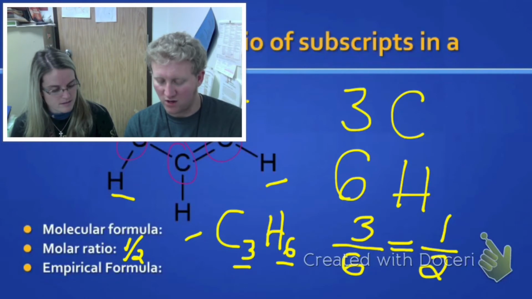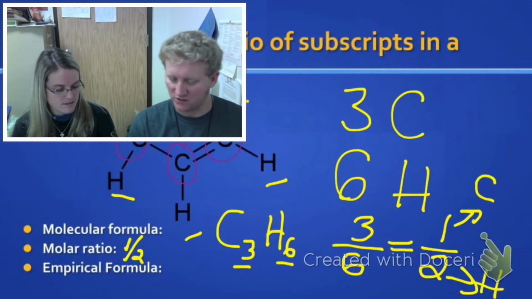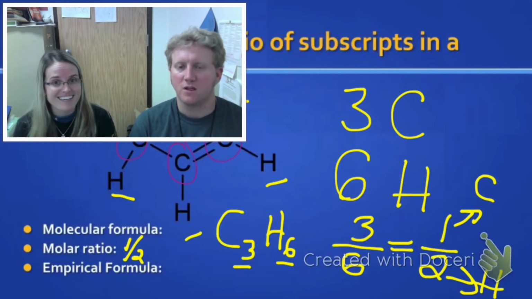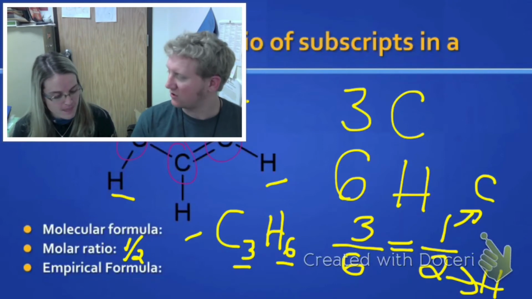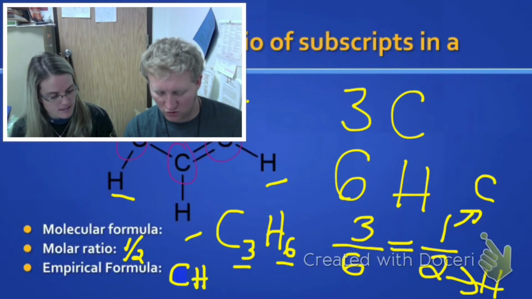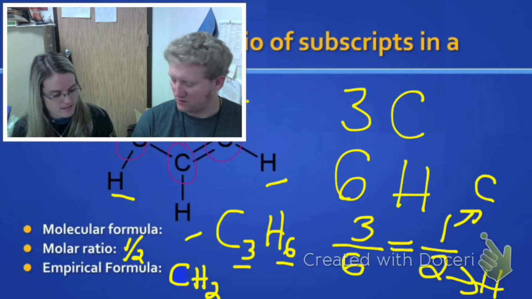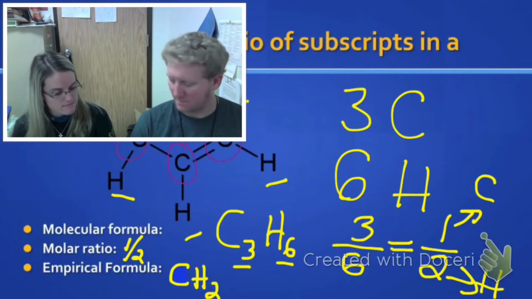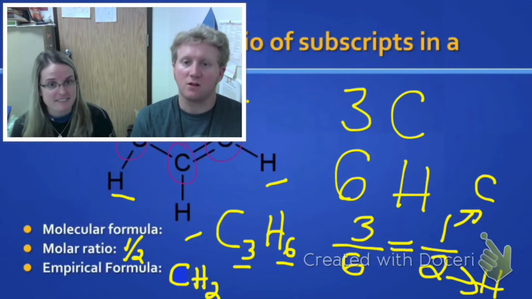If 1 is the number of carbons and 2 is the number of hydrogens, we use those as our new subscripts. So now we've got one carbon and 2 hydrogens, so CH2 is the empirical formula.